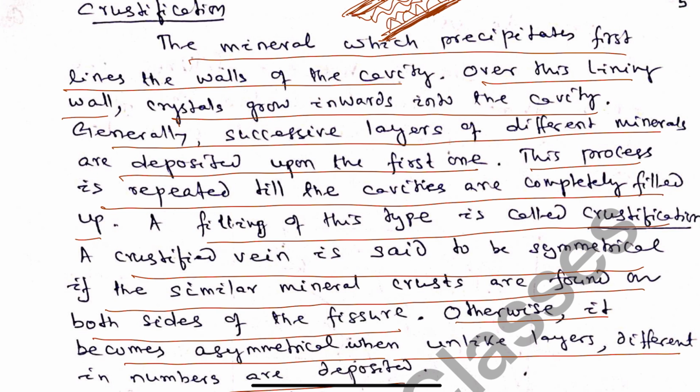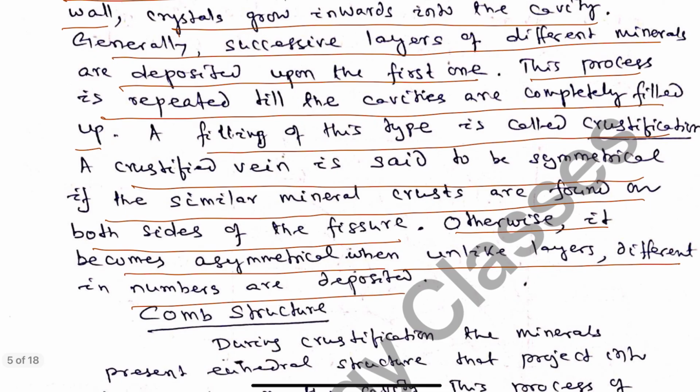And the cavities may be fully filled up or partially filled up. And when these minerals that grow inwards fill the cavity, it gives rise to a crustified vein. If on both sides the crust produced are of same type and same in number, in that case it is symmetrical crustified vein. Otherwise it becomes asymmetrical.